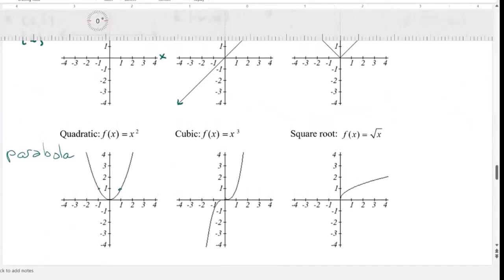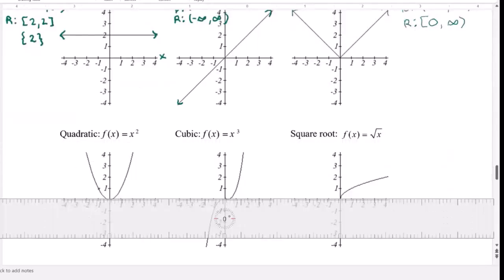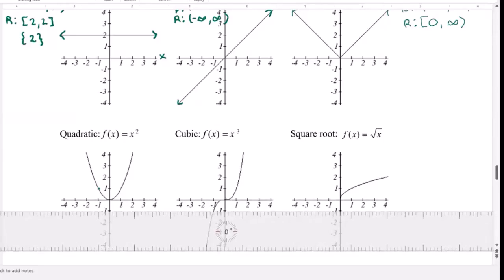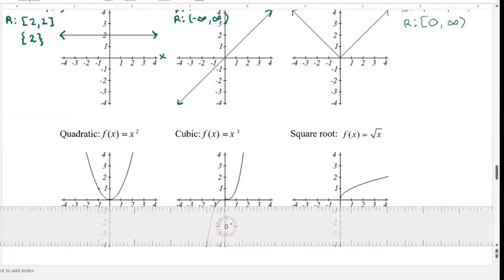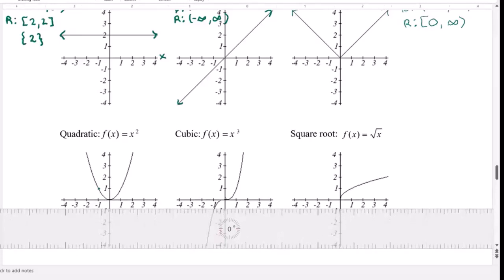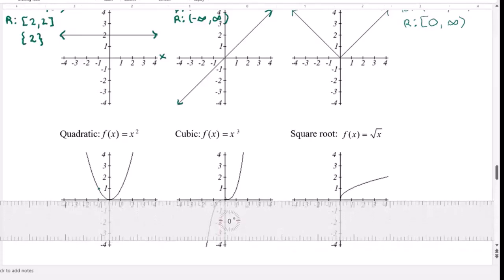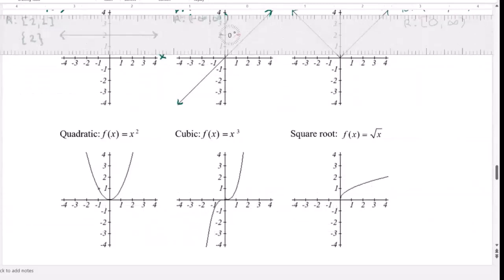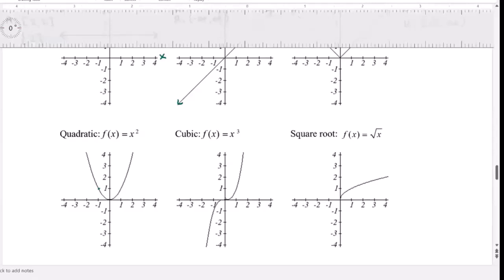Let's look at our next group. Similarly, if I did the same thing here with my ruler, if you look and see when the function starts, there's no part of the parabola anywhere down here. But once I hit 0, from then on, there's output values. There's y values.